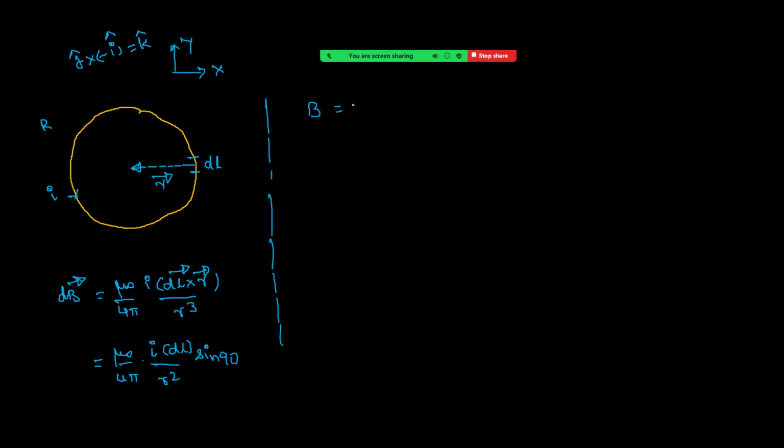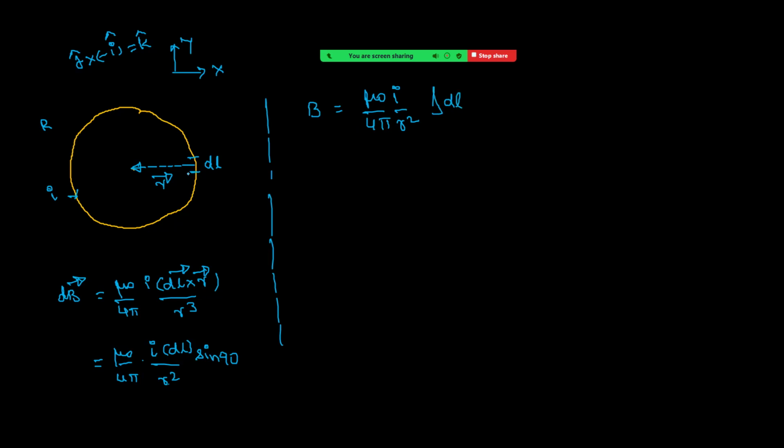Now integrate. You can see mu naught by 4 pi constant. I is a constant. r square is a constant. Remaining is of course sine 90, it is 1. Remaining is only dl. That means it is mu naught upon 4 pi I by r square, integration of dl.